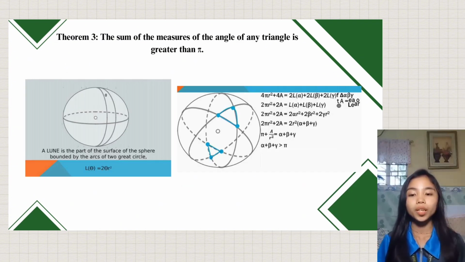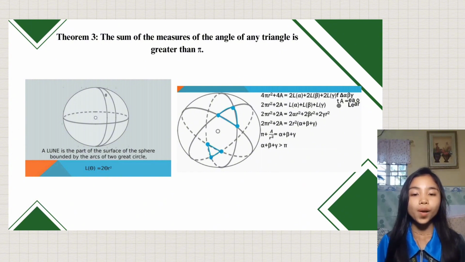Before we proceed to the theorem 3 example, we have here a lune. A lune is the part of the surface of the sphere bounded by the arcs of 2 great circles. So we have here the formula: L times theta is equal to 2 theta r squared.